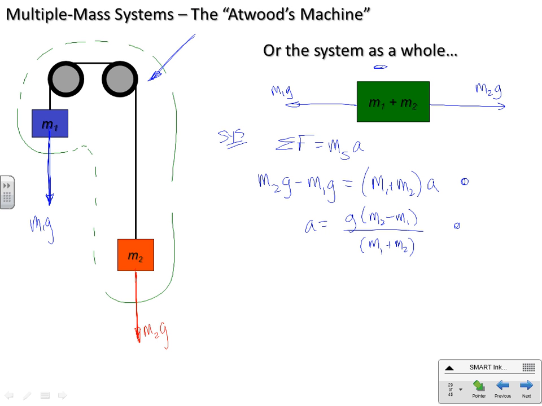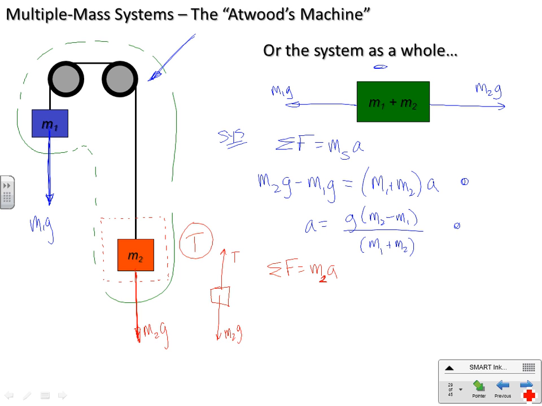Now, if we want to find the tension on one of the strings, well, here's what we can do. To find tension, I do have to do this on one object or the other, right? Because if we want to look at the tension, we can only look at part of the system where tension acts on that part of the system. So now I would do this. M2G, tension, I would say the net force equals MA. In this case, it's only M2, right?